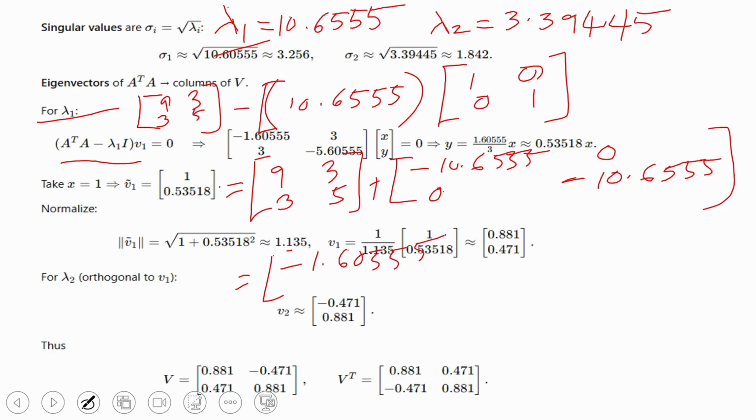Then 3 minus 0, 3. Then 3 plus 0, 3. 5 minus 10.6055, that is minus 5.60555. So we got this matrix.